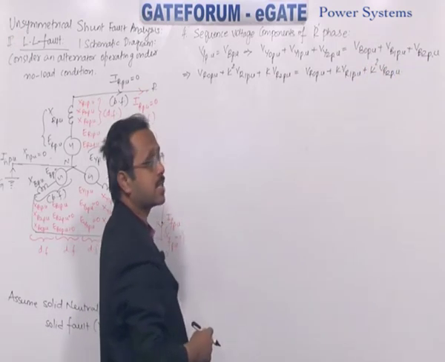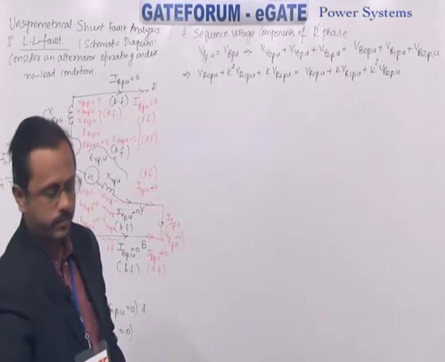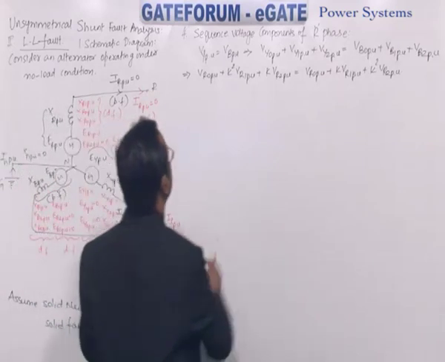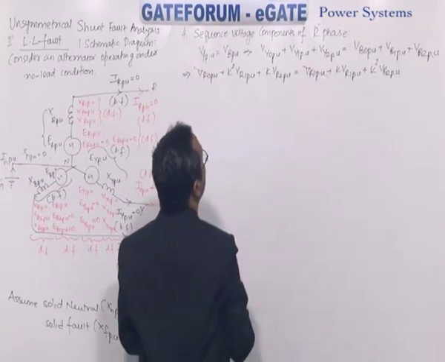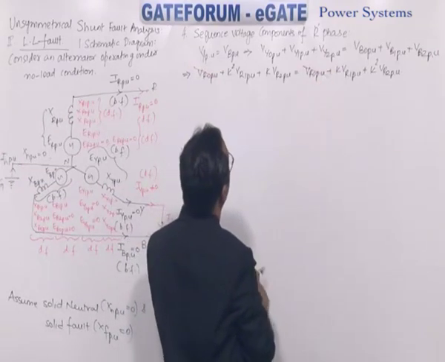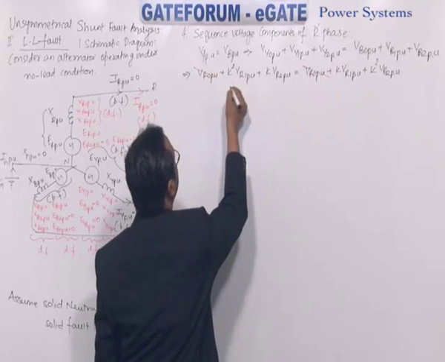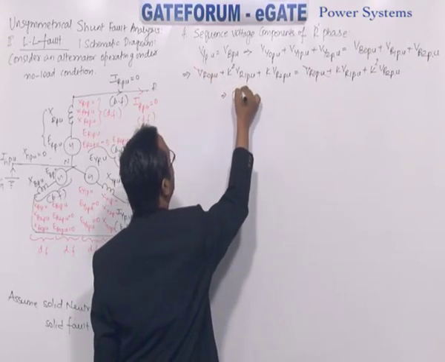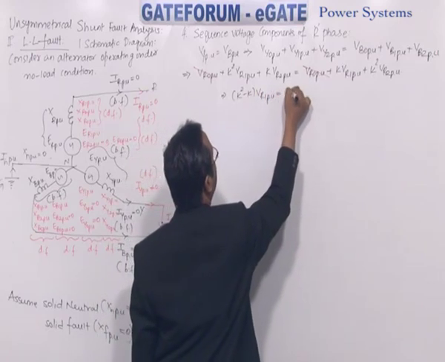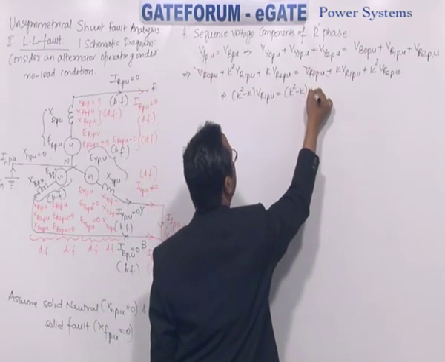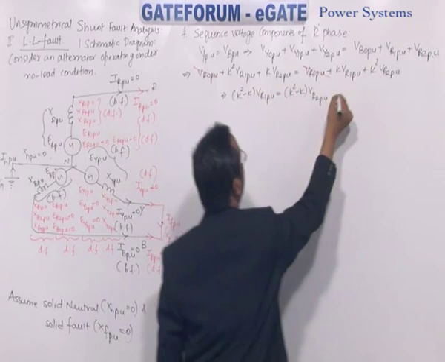So VR1 on either side gets cancelled. If you take out VR1 common, you get K square minus K. There you take K square minus K, VR2 per unit.